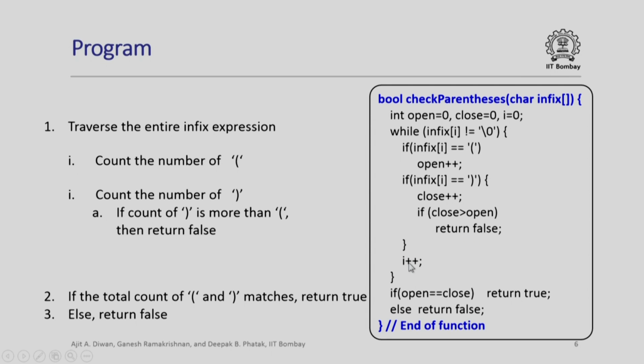Otherwise, I will increment i by 1 and continue with this iteration. If open is exactly equal to close, which is what is required for a valid expression, this function will return true, otherwise it will return false. Simple program, simple function. This is the one which will check initially whether the parentheses match in numbers.